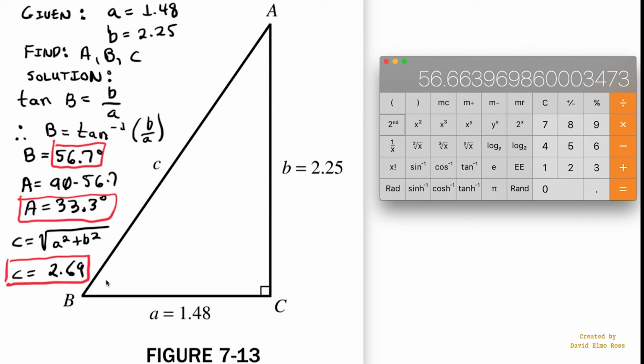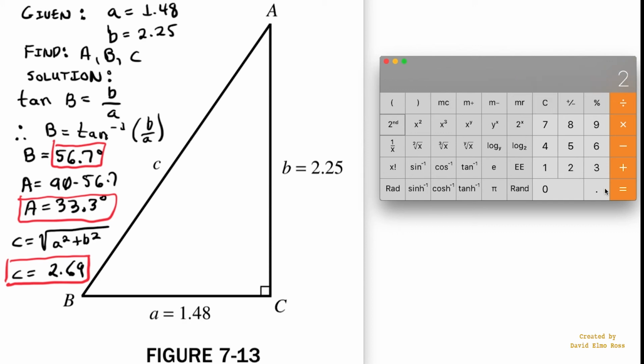Since this is 56.7 degrees, then 90 minus that. So let's change sign and add 90, and we find that our other angle, a, is 33.3 degrees. All we need to do at this point is find the length of our hypotenuse, which is the square root of this squared plus this squared.